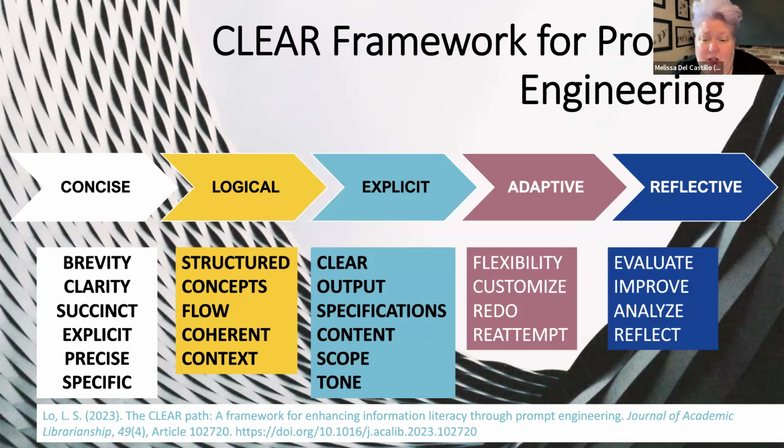And the next one is explicit, letting it know exactly what you want. And I think this is where librarians get a little iffy, because we're so used to creating these search strings, and we put a keyword, we put an and, we put another keyword, and then we put an or in a parenthetical.